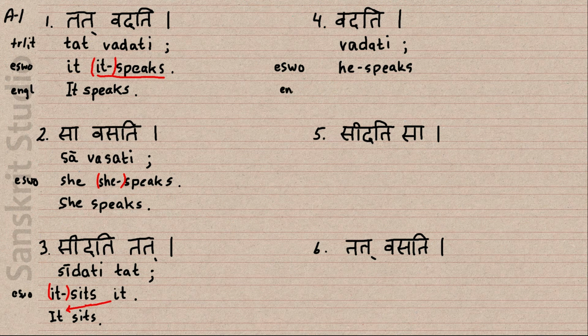So on our English line we will get he speaks. And we note here then that in this case the subject that goes down, the subject that ends up on the English line, it's the implicit subject of the verb.